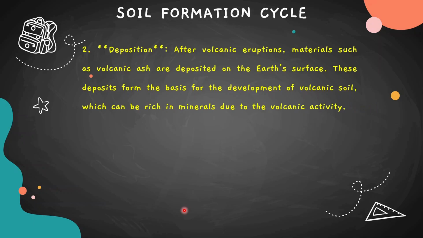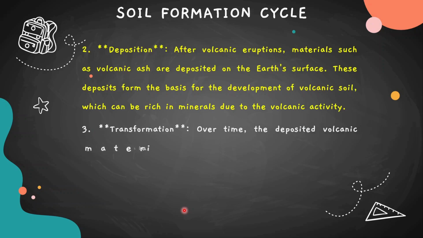So after the volcanic eruption has happened, when the volcanic ash starts to settle down on the earth surface or starts to cool down over the earth surface, what happens? They get converted into volcanic soil, and these volcanic soils are very rich in minerals because of the volcanic activities.